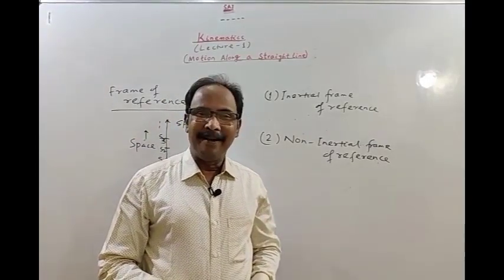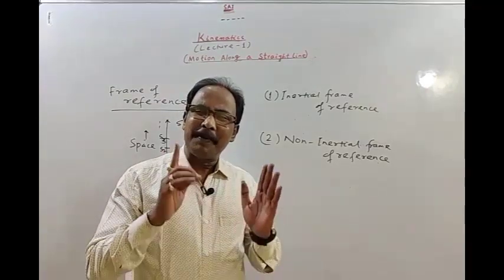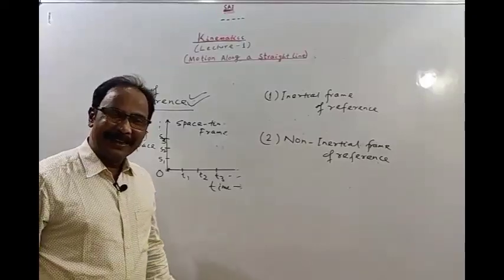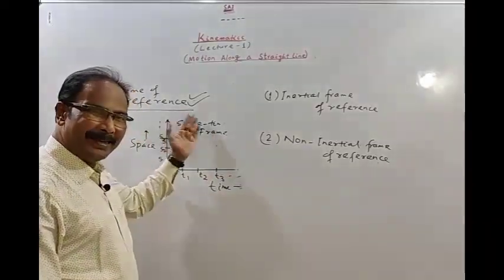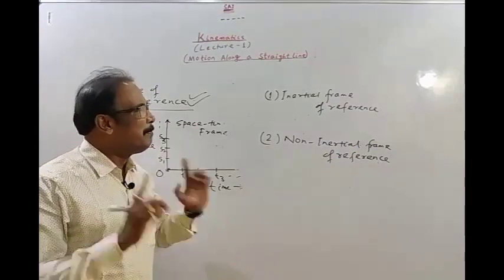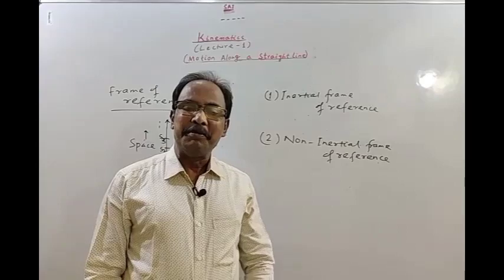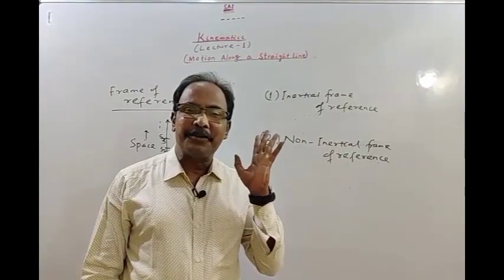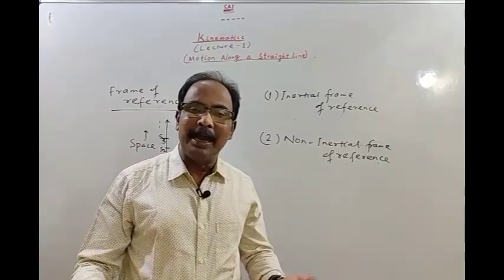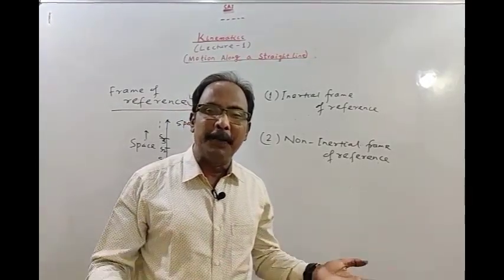Let's define. What is the inertial frame of reference? Inertial frame of reference is a system of coordinates, or a combination of coordinate systems, which may remain at rest or may move uniformly. We'll discuss uniform motion in a simpler way at a later stage.